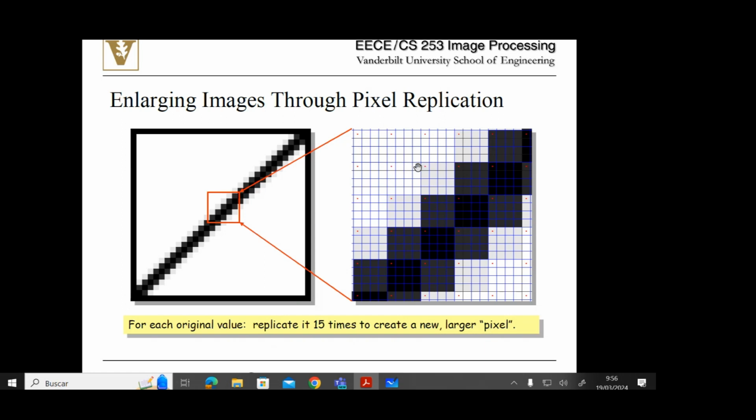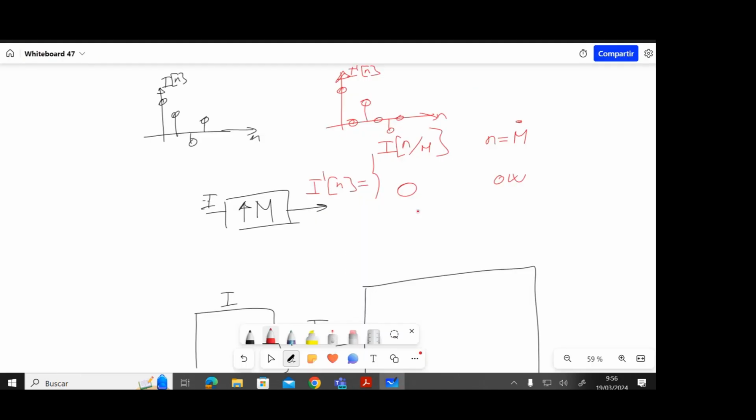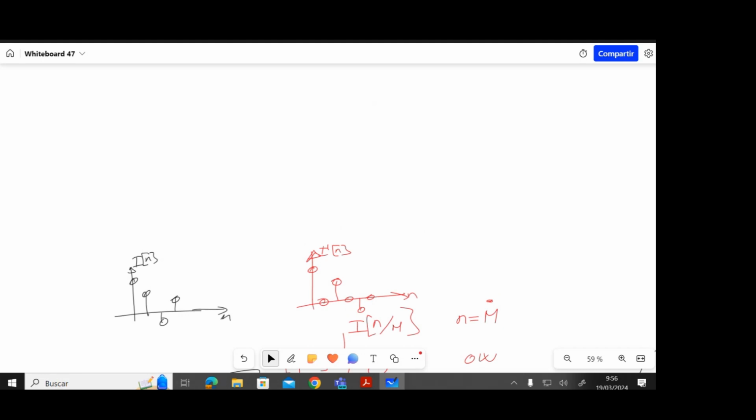We have this value and replicate it 4 times in all directions. So if I have this dot, then I replicate. What is that?